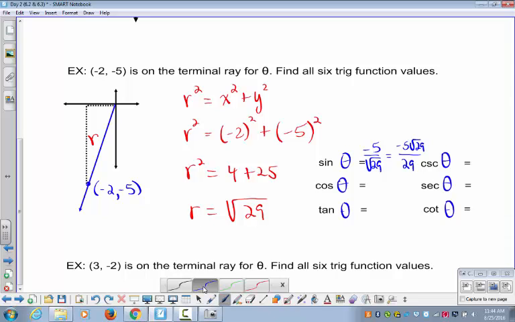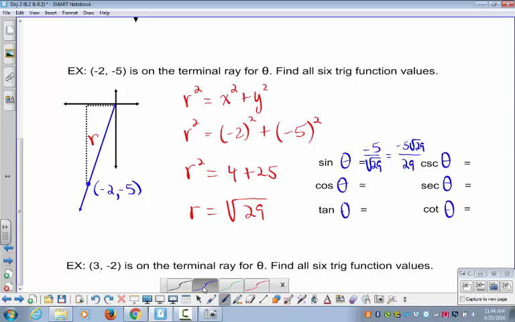You can see the order of them. Is it obvious that root 2 over 2 is bigger than 1/2 and root 3 over 2 is bigger than root 2 over 2? If they all have the same denominator, root 3 is bigger than root 2, so root 3 over 2 is bigger than root 2 over 2. Root 2 is bigger than 1, so root 2 over 2 is bigger than 1/2. That's going to be really important in a couple of weeks when we start doing the unit circle.